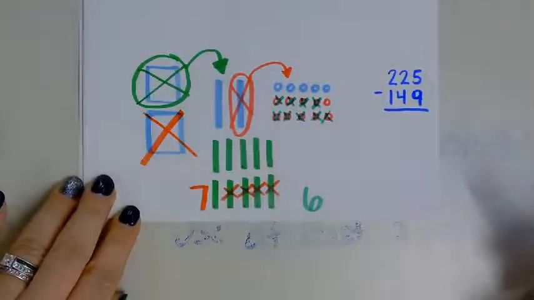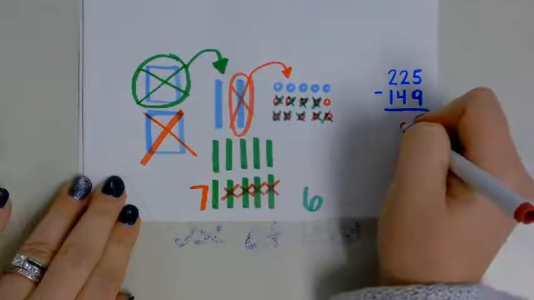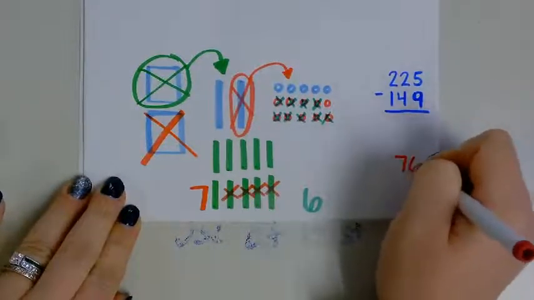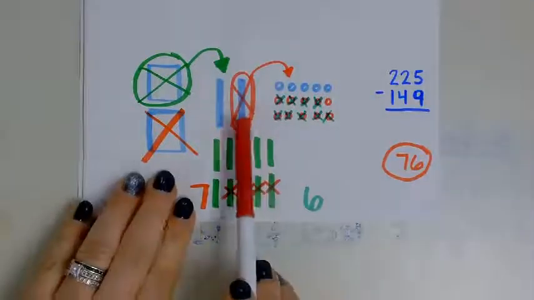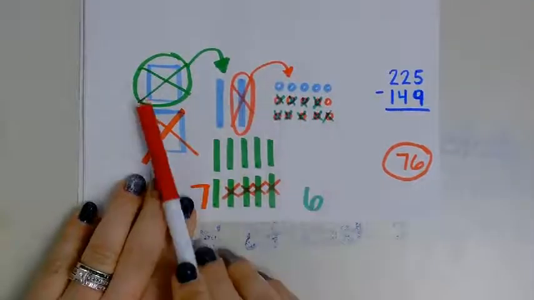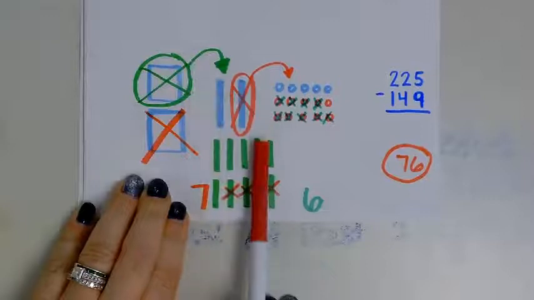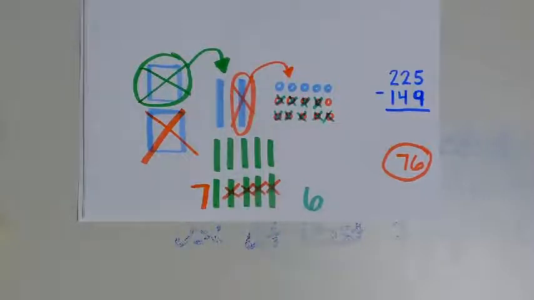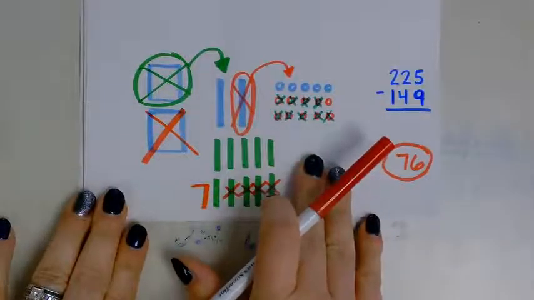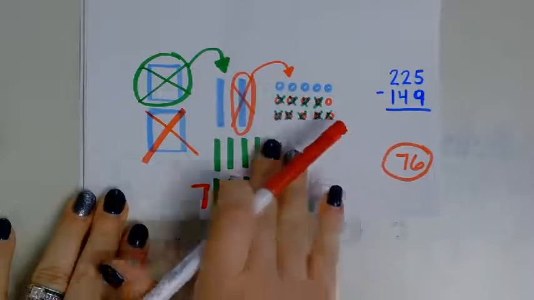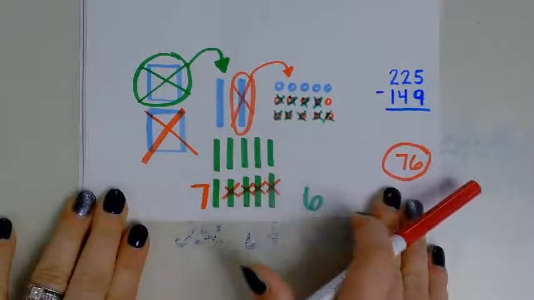So there are none left. So my answer is 76. So if you notice, we had to move tens over and we had to move a group of 100 over, and that's okay. If you did not understand that, you might want to pause, rewind, and watch it again.